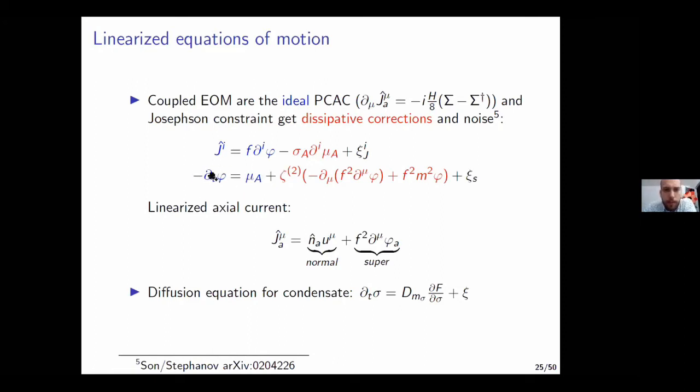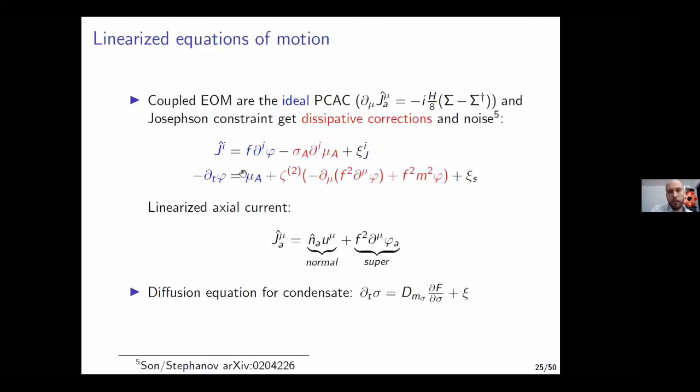You'll have the time derivative of the phase given by the chemical potential. And then we also have some dissipation and noise. And here's the linearized axial current as well. So that's the whole set of equations. It's just putting these two pieces together. And furthermore, we'll also have this diffusion equation for the condensate, which is not coupled to the phase nor to the chemical potential directly. So it just has its own equation at the linearized order.